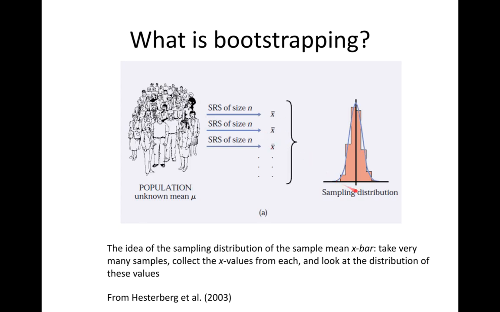And over time, as you do this over and over, you're going to end up with a sampling distribution, different values of that mean. In the middle of that distribution, the mean or the median, if it's normally distributed, is going to get you as close as possible to the true population value.